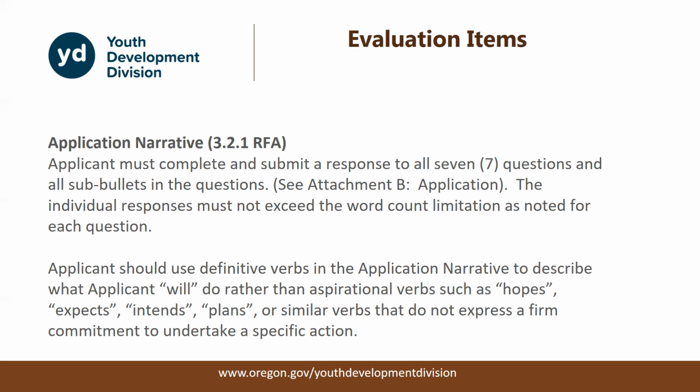Another thing to keep in mind is that the narrative or the application responses should be written by describing what you will do. Not what you hope to do or any sort of aspiration, but when you're writing that grant agreement, you're really writing down your firm commitment to undertake specific action if you're awarded this grant. So you want to make sure that you're writing what you will do and understand that requirement.